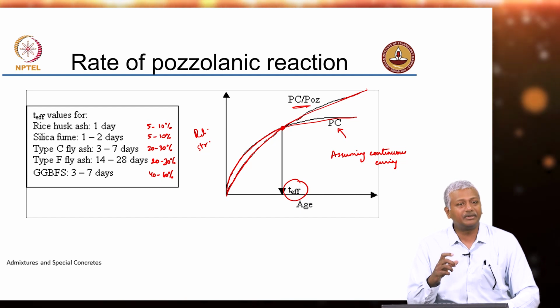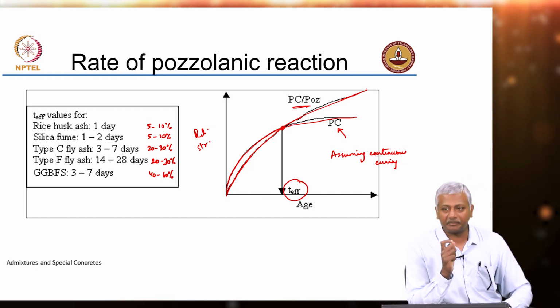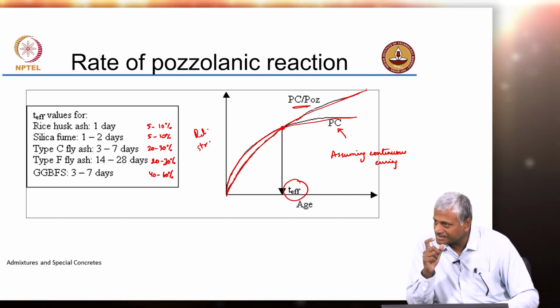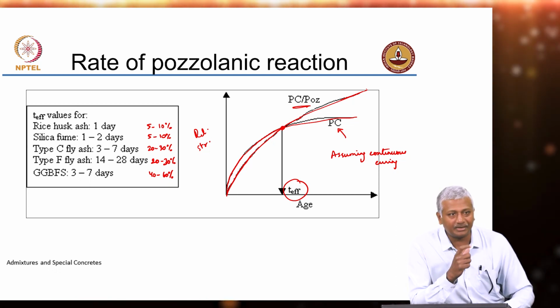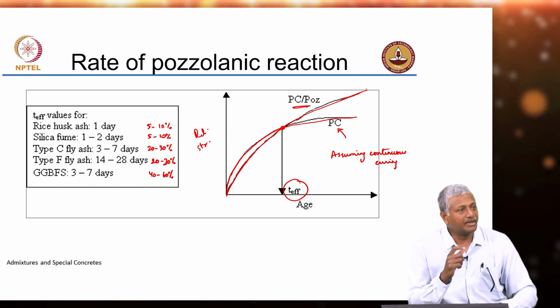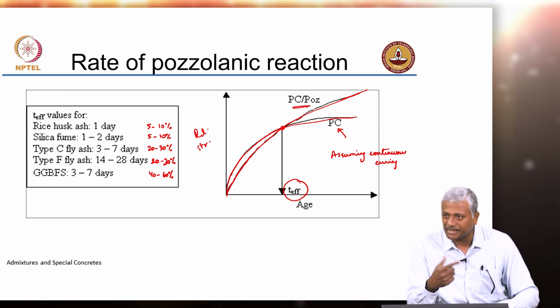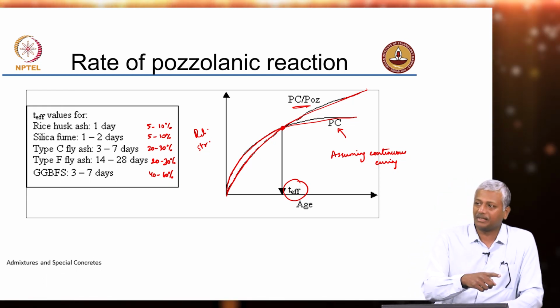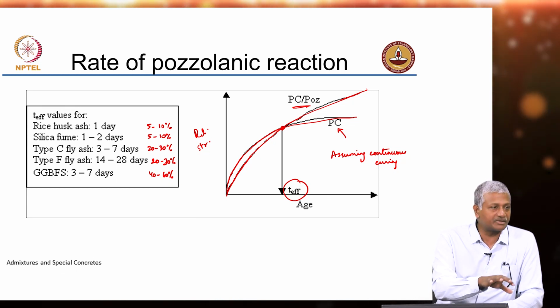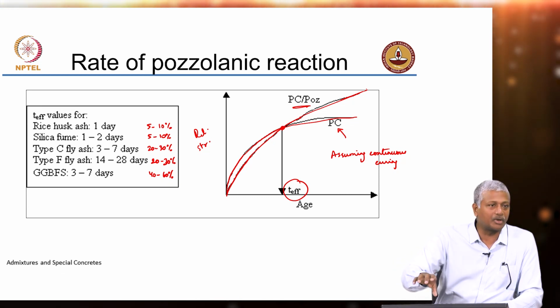Now, what has to be understood in practice is that it is not the cement which is important, it is the concrete that needs to be designed for the strength. If you need a 28-day strength with the fly ash cement, you need to design it appropriately. You can't design with OPC, simply replace OPC with fly ash and then expect it to have the same behavior. It is not going to happen.